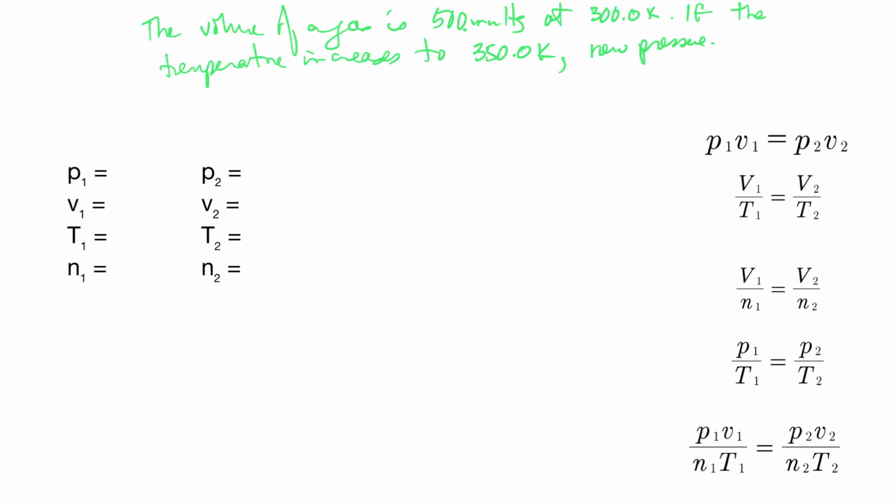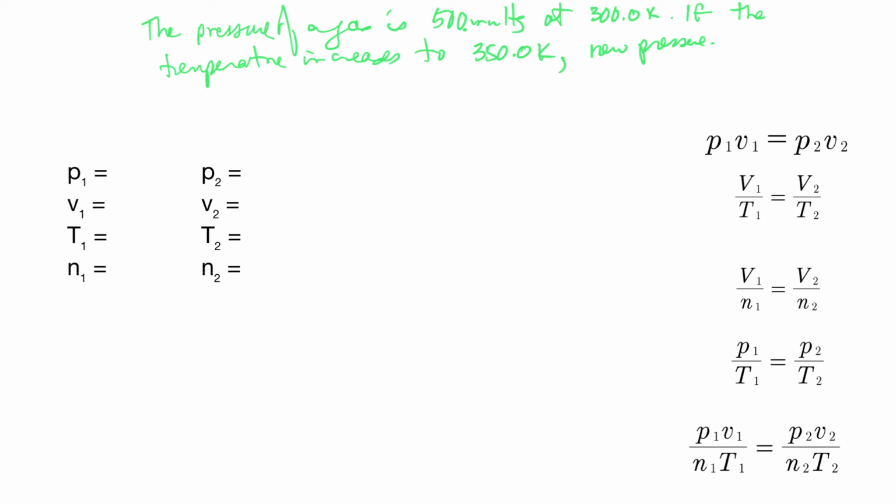Okay, so I want to be able to determine which formula to use. So volume, I said the volume of a jar is 500 millimeters of mercury. Let's change that. Making questions on the fly. Pressure of a jar is 500 millimeters at that. If the temperature increases to that, find the new pressure.